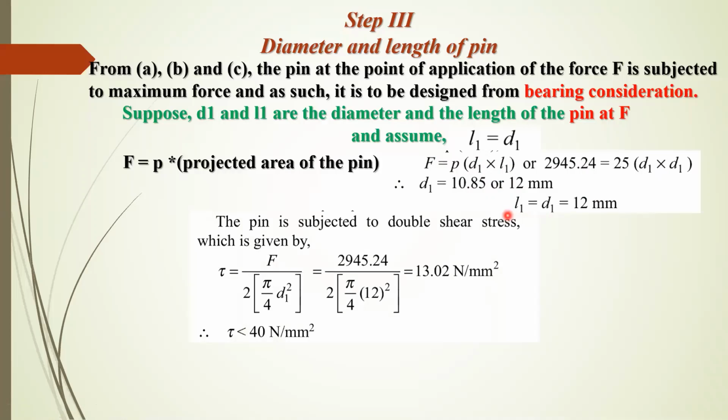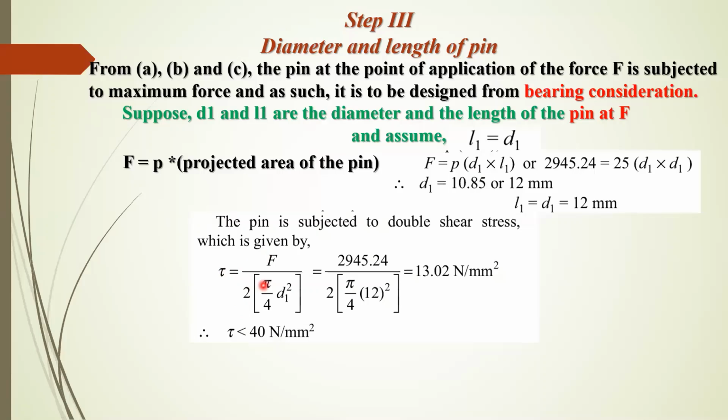As we are assuming some data, that is L1 equal to D1, we have to cross-check whether this pin is safe or not. To check the pin's safety, we'll go for the shear stress in the pin. The pin is subjected to double shear, so the shear stress is given by force divided by cross-sectional area, where 2 is taken because there will be double shear. At the two cross sections, the pin is getting sheared off.